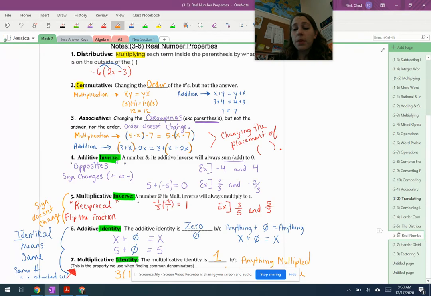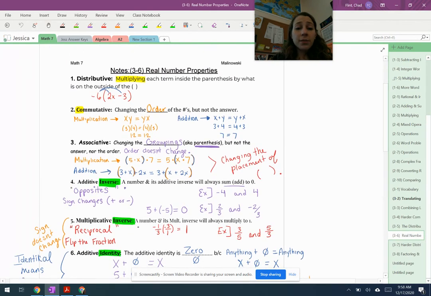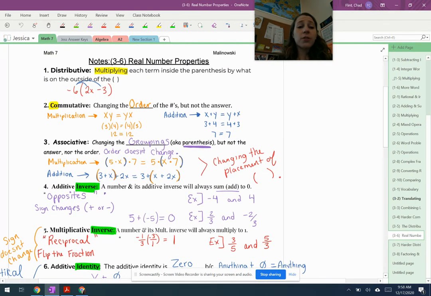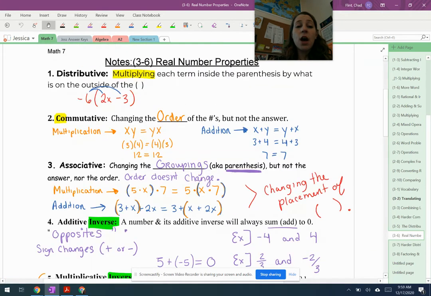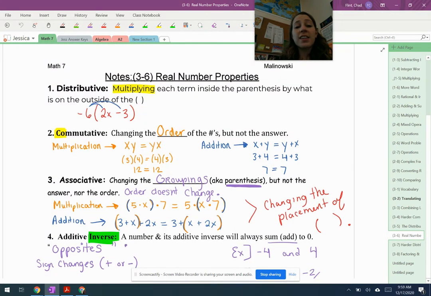So which one of those properties had to deal with parentheses being gone, or just parentheses in general? So coming back here, I'm looking through and I'm seeing that the distributive property has some parentheses going on there, and also the associative property. So the associative property, if I'm looking at these examples, just moves the parentheses. It doesn't do anything else. Whereas the distributive property, I take that piece on the outside and multiply it.